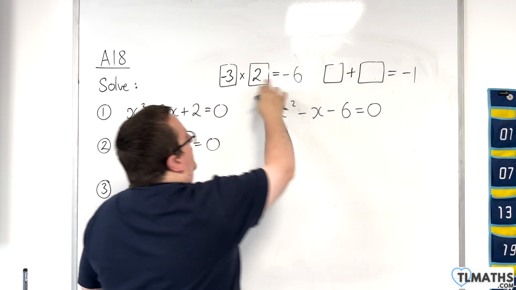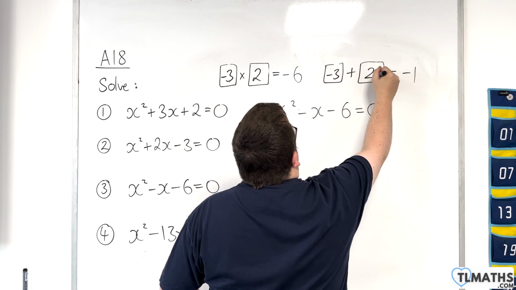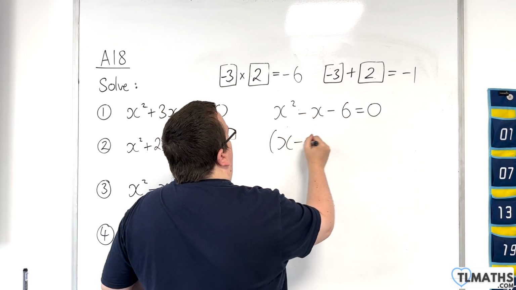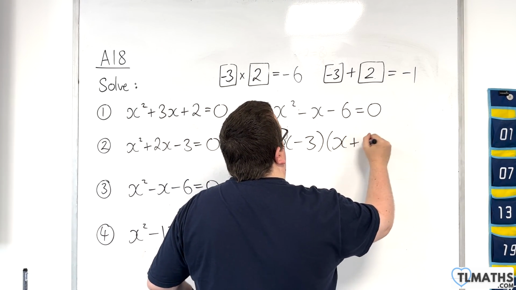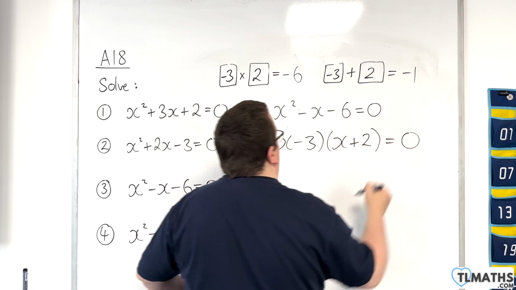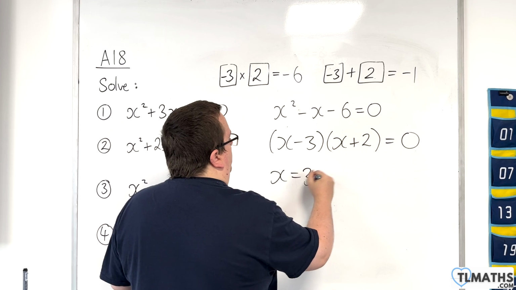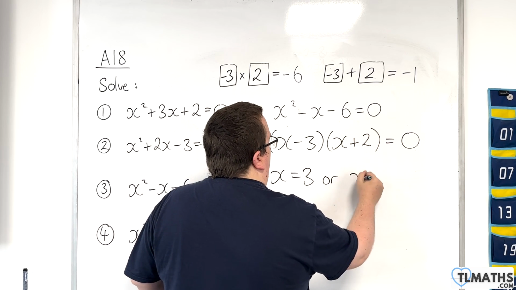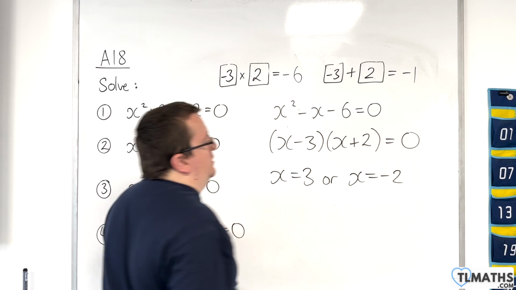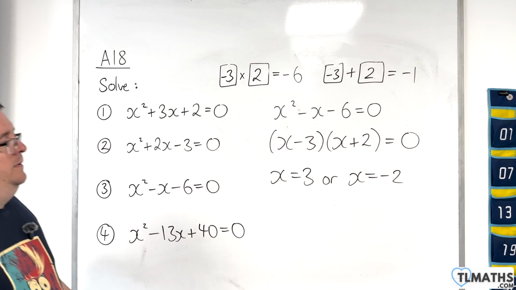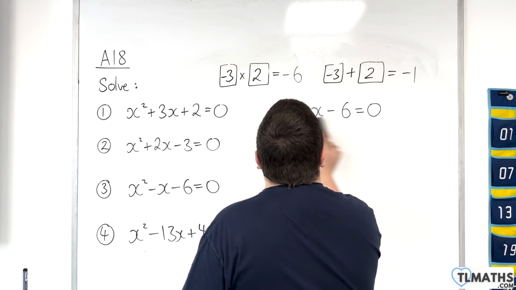Minus 3 times 2 is minus 6. Minus 3 plus 2 is minus 1. So x take away 3, x plus 2 is equal to 0. So either this bracket is 0, in which case x would be equal to 3, or this bracket is 0, in which case x would be equal to negative 2. And they're the 2 solutions for number 3.